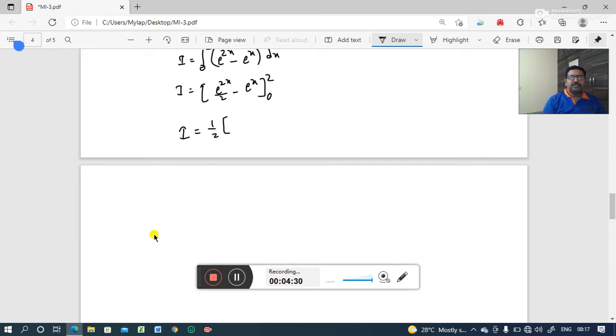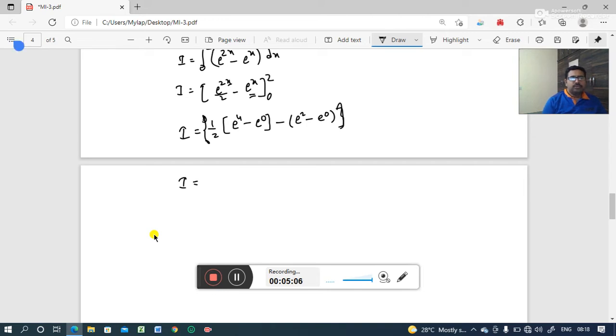In place of x you use the upper limit one time and the lower limit next time. So in e power 2x, if you put 2 you get e power 4 minus e power 0, minus, again in the second term using the limits, e power 2 minus e power 0.